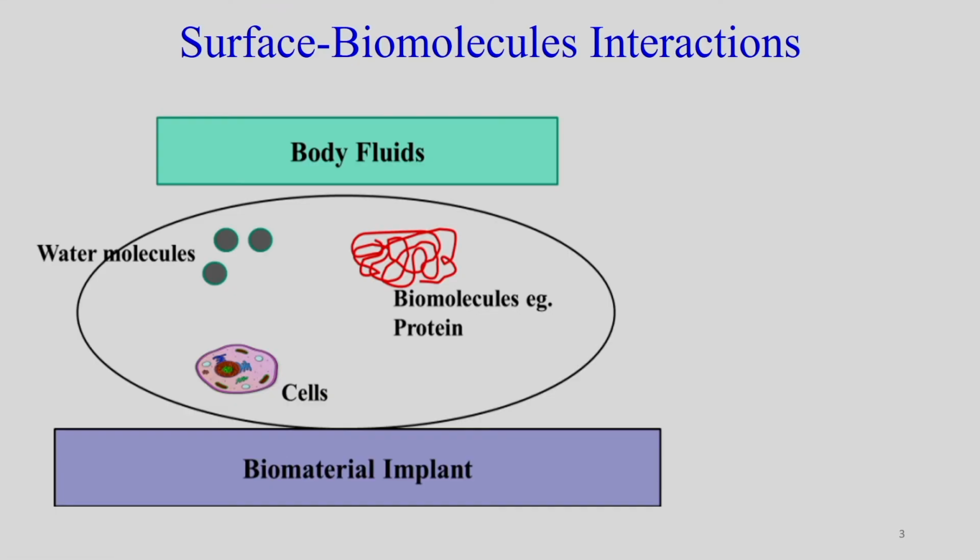So, as I told, whenever a biomaterial comes into contact with body fluid, the surface of the biomaterial interacts with the body fluid. Body fluid we can say is composed of water molecules, protein molecules and cells.